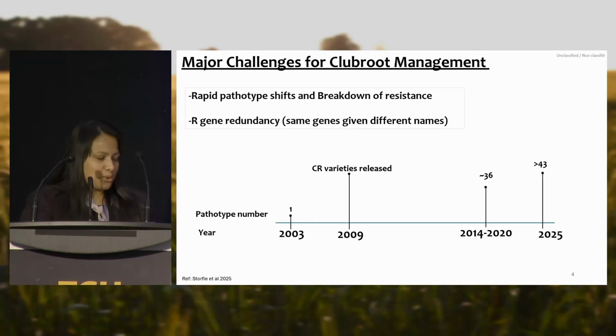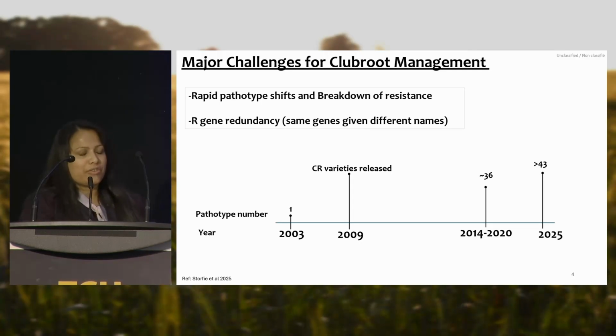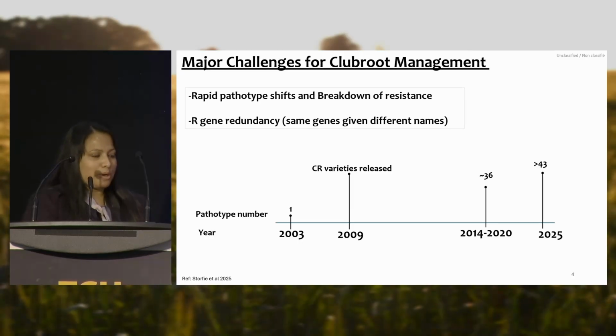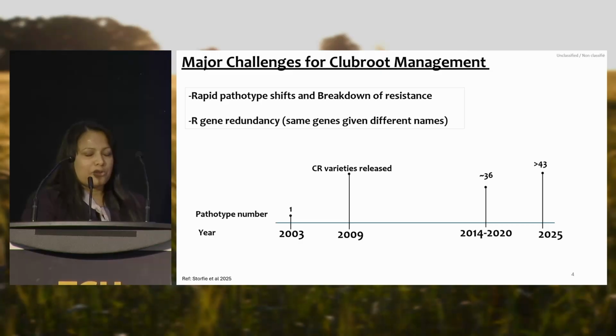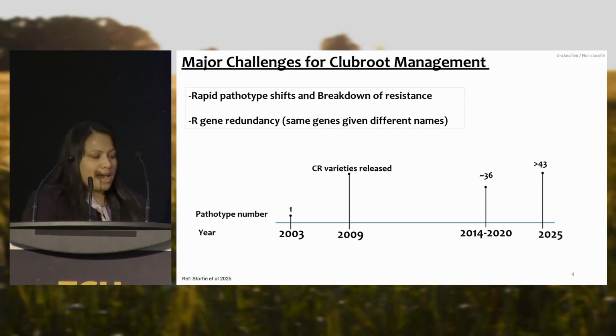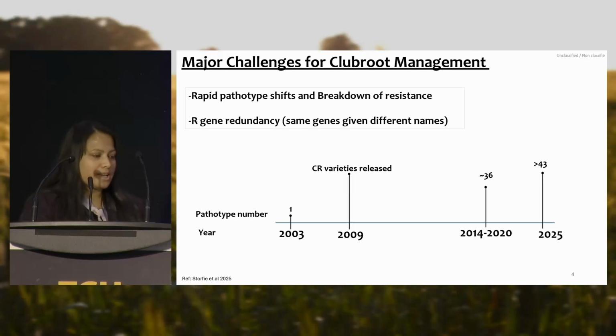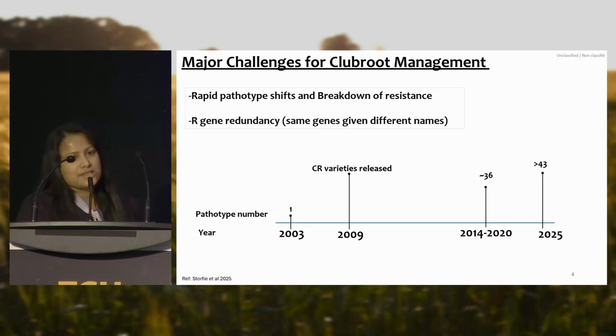So why is managing this disease so challenging? We know so far the most effective management method is genetic resistance. However, the problem is the rapid breakdown of this resistance due to fast evolution of new pathotypes. On top of that, most likely there is R gene redundancy in canola.